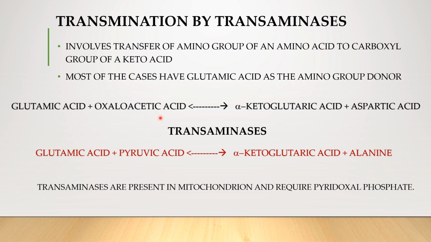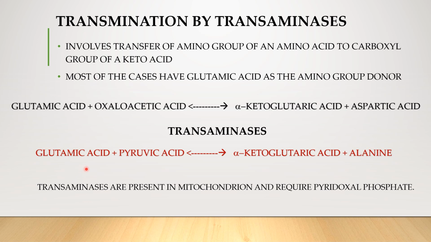In most of these reactions, glutamic acid is the donor of the amino group. For example, glutamic acid donates the amino group to oxaloacetic acid, which gets converted to aspartic acid, while the glutamic acid forms alpha ketoglutaric acid, which is ready for another reductive amination reaction.